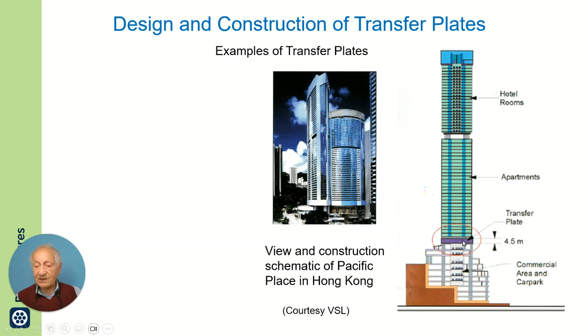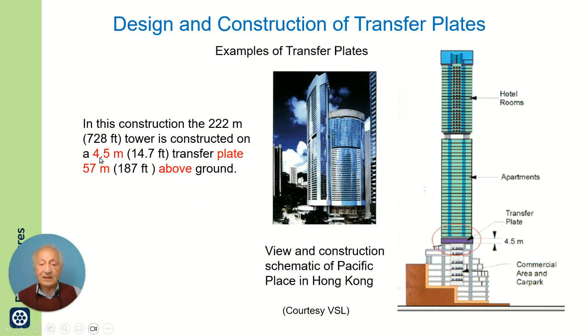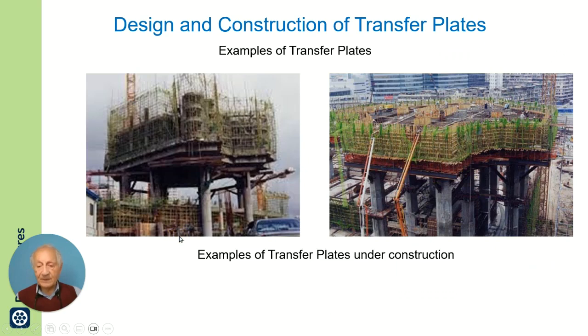In this case, the transfer plate is 4.5 meters in thickness, about 57 meters above ground. That is almost 15 feet in concrete thickness of the slab.